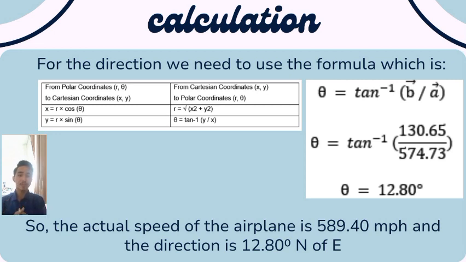We use this formula to find the direction and magnitude of the vector, and we find the direction of the aeroplane is 12.8 degrees from north of east.